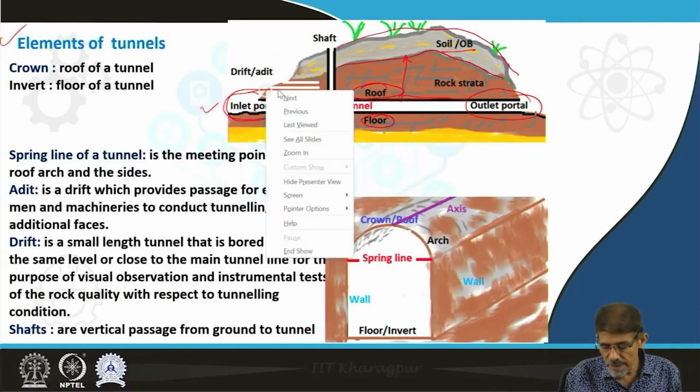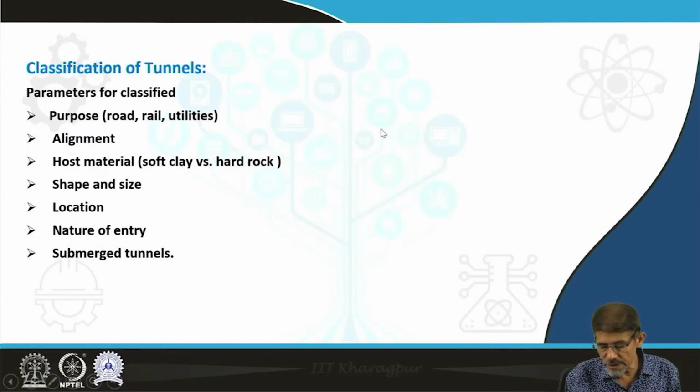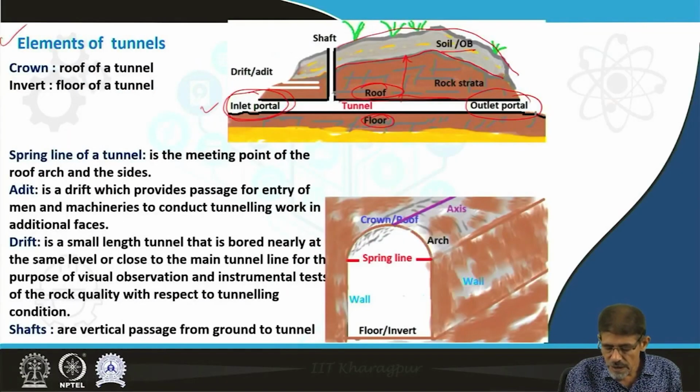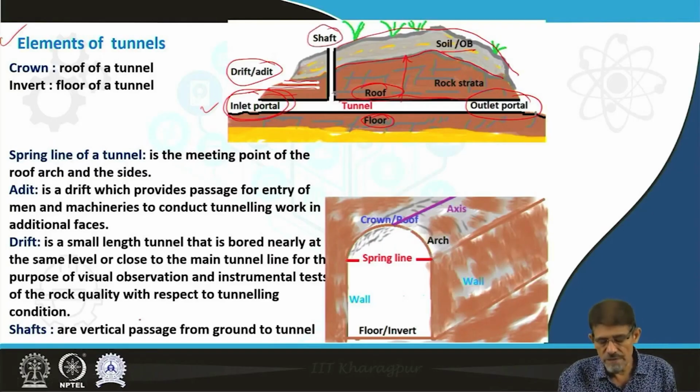For maintenance and other purposes, we make some horizontal cuts, recognized as a drift or adit, and the vertical opening for maintenance and repair work is recognized as a shaft. If we take a section along any point, then we get this type of section.